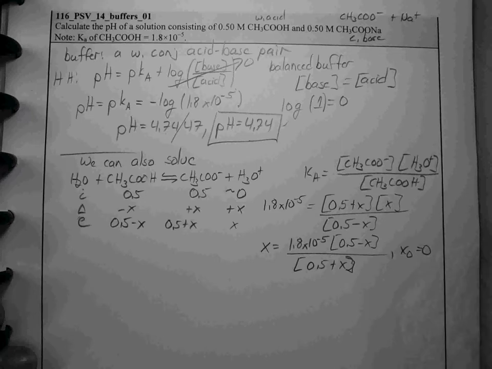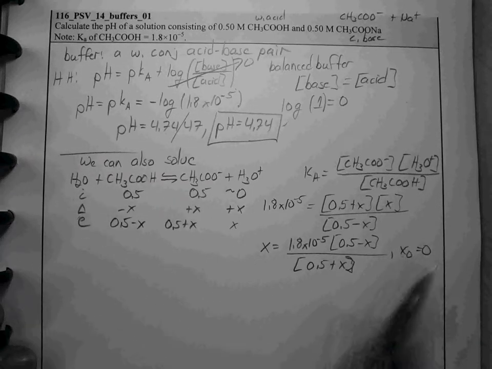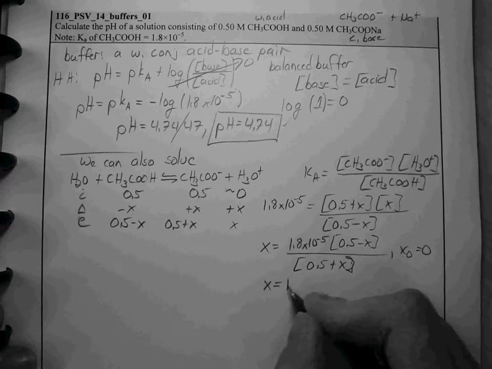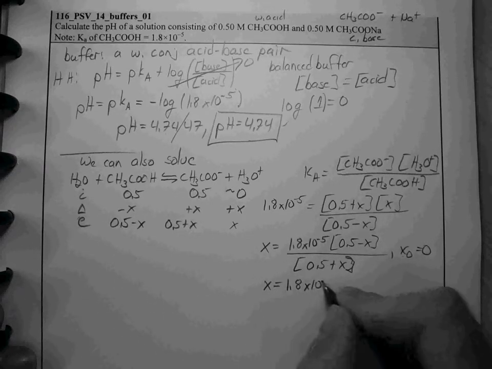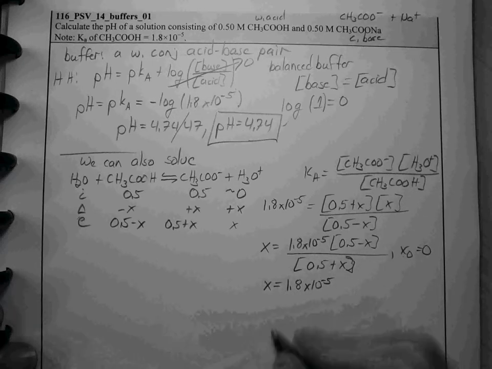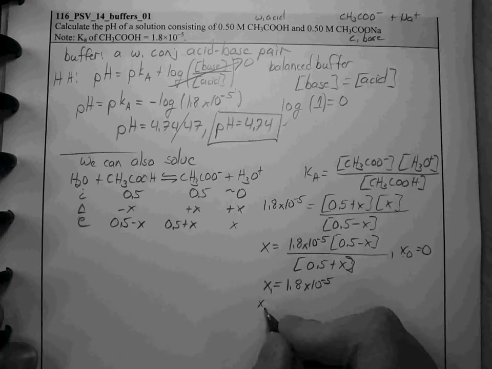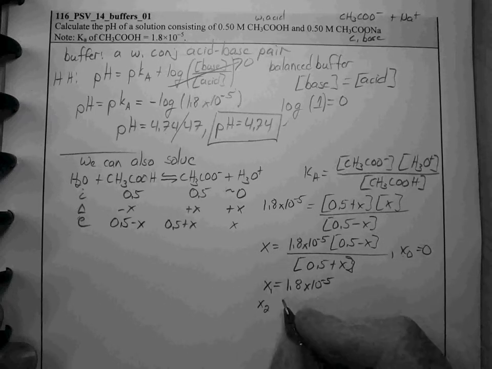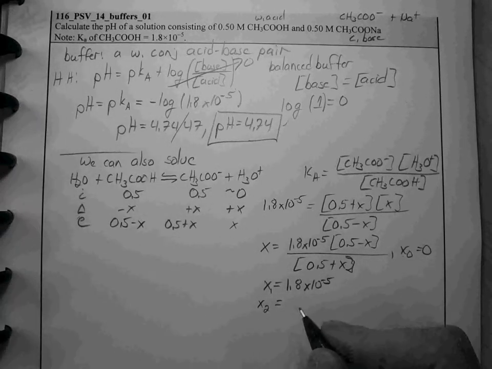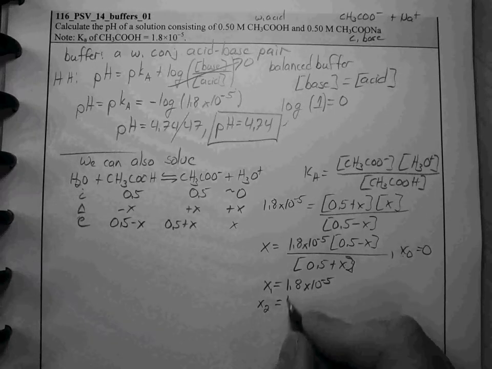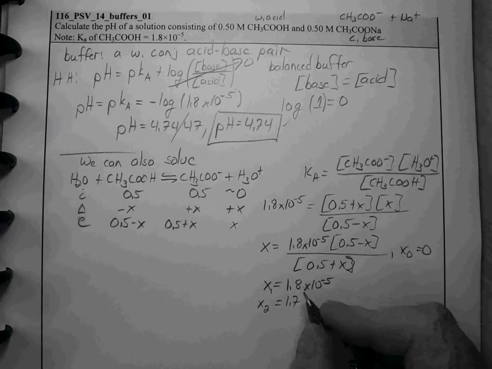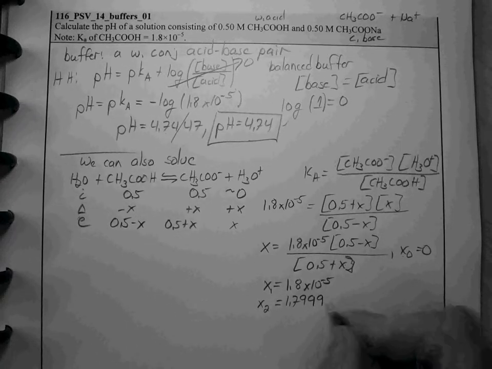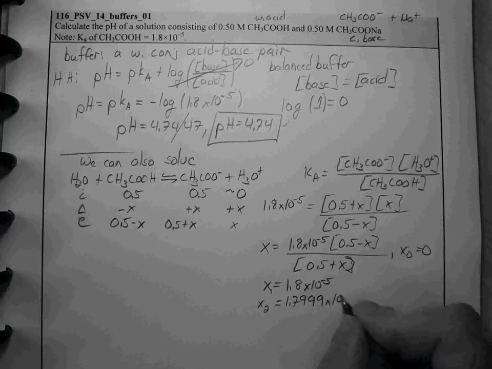Let's, as a starting point, assume x sub 0 is equal to 0, and we have x is therefore equal to 1.8 times 10 to the minus 5 for x sub 1. If we took x sub 1, this value, and popped it into our equation, what we would see is that our value does not differ within sig figs. 1.7999, okay, times 10 to the minus 5.